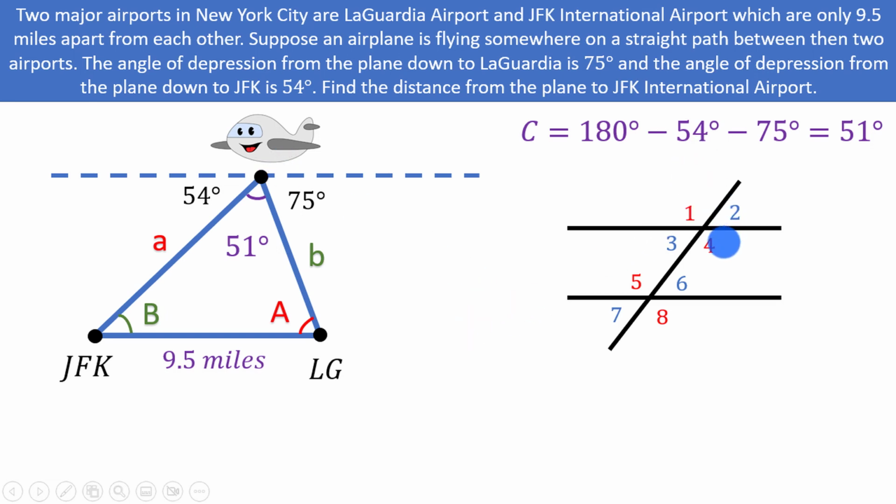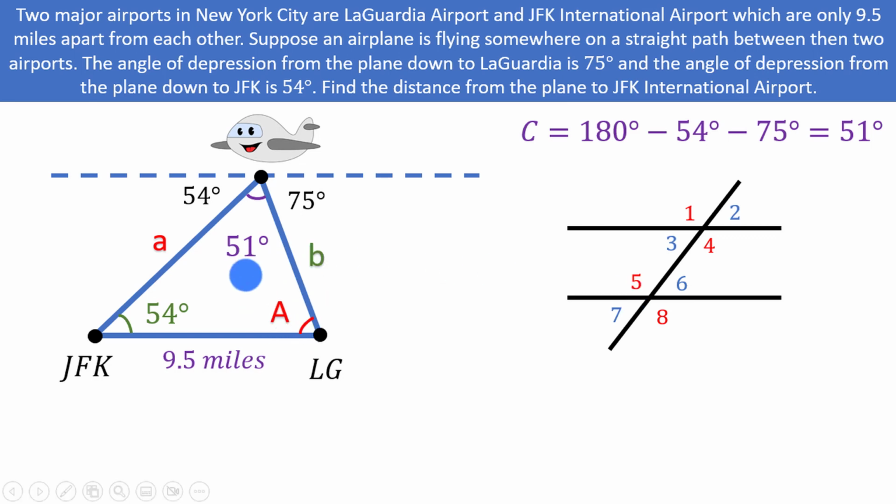Angles 1, 4, 5, and 8 are equal, as well as 2, 3, 6, and 7. 54 degrees is in the position of angle 3. B is in the position of angle 6. We know that 3 and 6 are equal to each other, so therefore angle B must be equal to 54 degrees. The term for this is alternate interior angles. Angles 3 and 6 are alternate interior angles, and are therefore equal to each other.